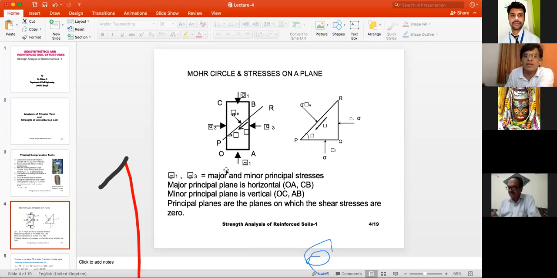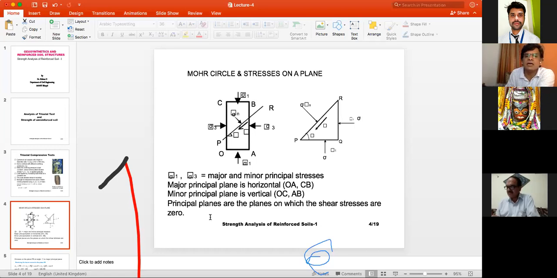Okay, fine. Let sigma 1 and sigma 3 be the major and minor principal stresses. The major principal plane is the horizontal, that is OA and CB. If you recall the previous diagram, OA and CB are the major principal planes, and the minor principal plane is the vertical, that is OC and AB.